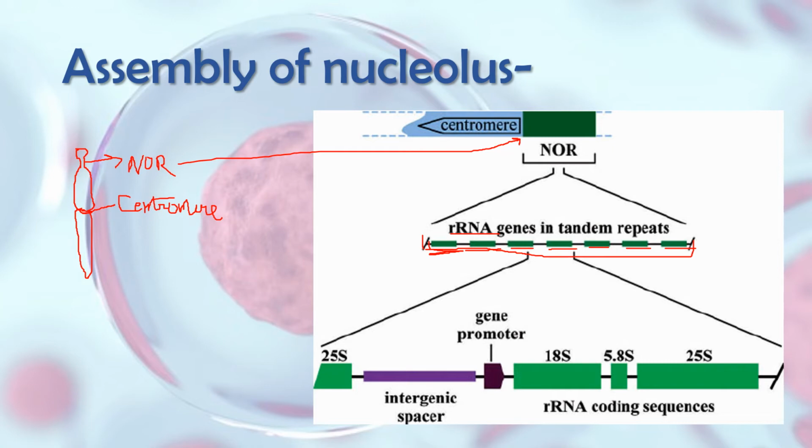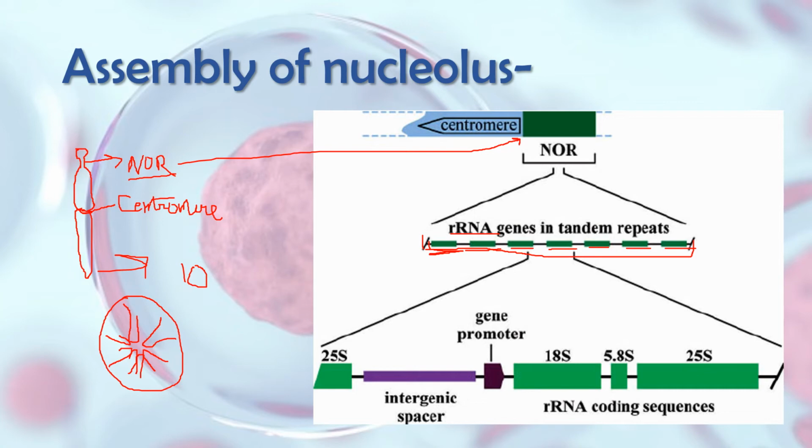Such chromosomes number 10 in our cells. So we have 10 such chromosomes that have the NOR region. And as I just told you, these chromosomes come together at the center. Ten such chromosomes join at the center and form the structure known as the nucleolus.